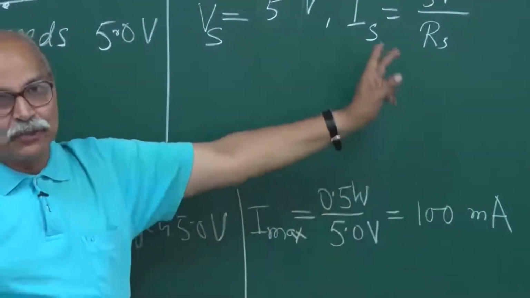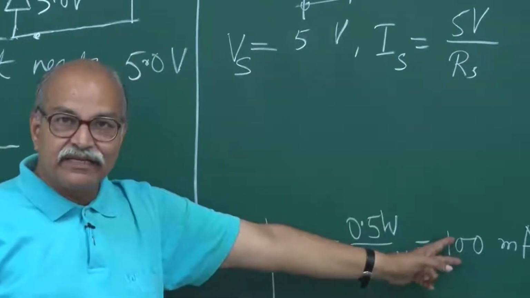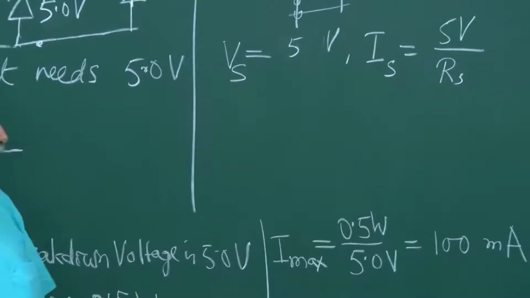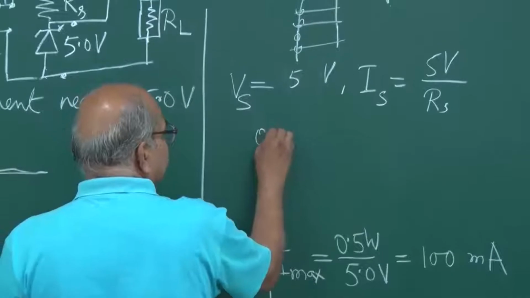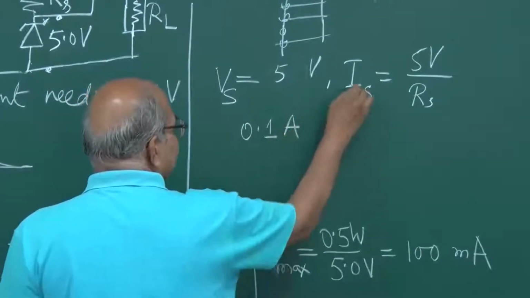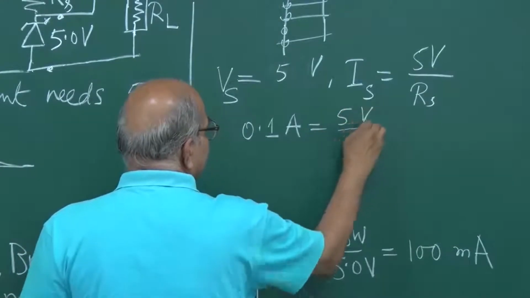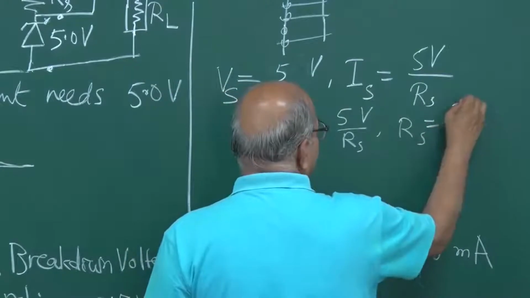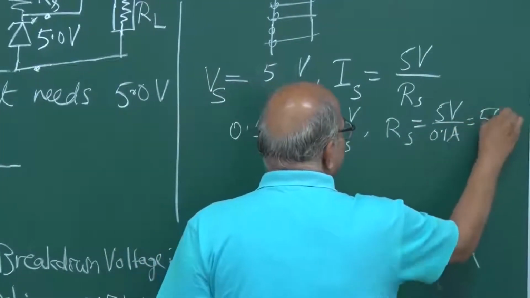So what should RS be so that the current in the Zener is 100 milliampere or less? If I take this as 0.1 ampere, then it is 5 volt divided by RS, so RS equals 5 volt divided by 0.1 ampere, and that is 50 ohms.